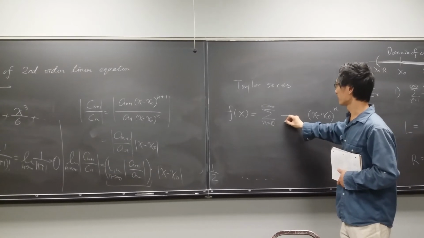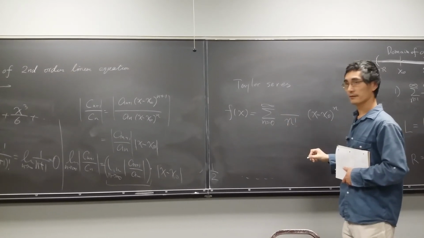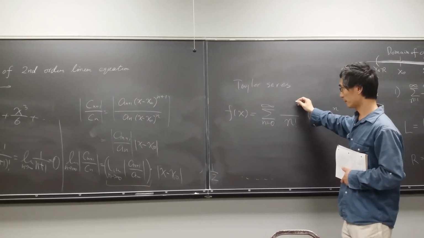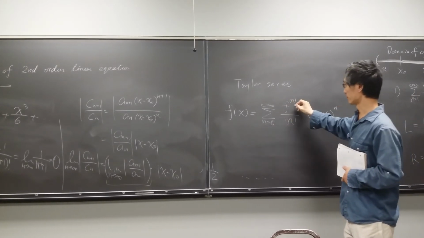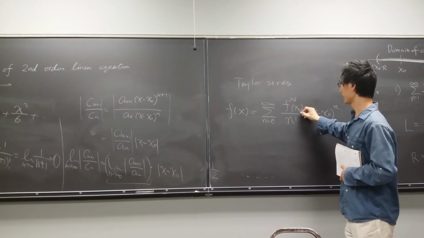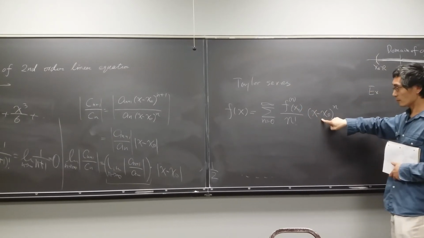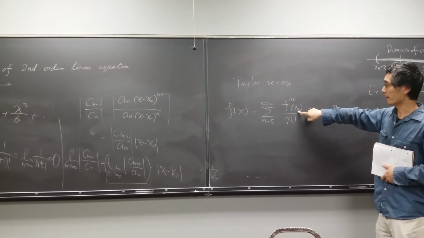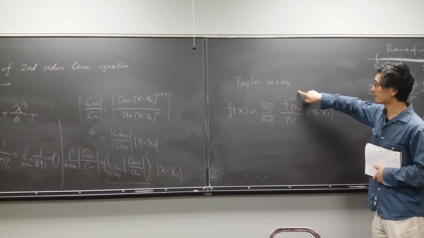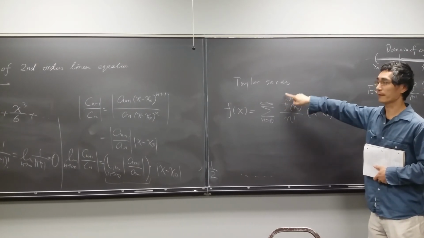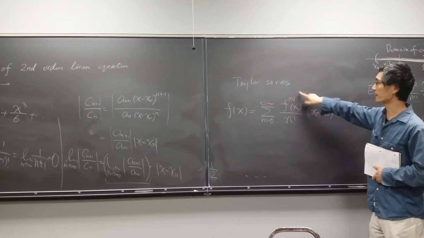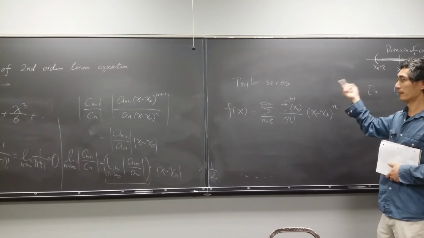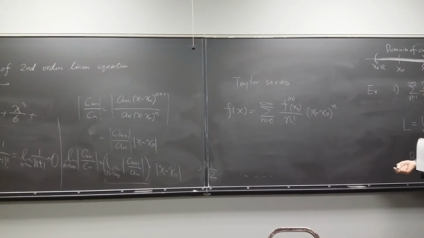The denominator is n factorial, and the numerator is the nth order derivative of this function, evaluated at the center. But be careful, this is a number. That's not a function of x. x appears only here. If you still have x here, then it's not a power series anymore. It will be a generic function.